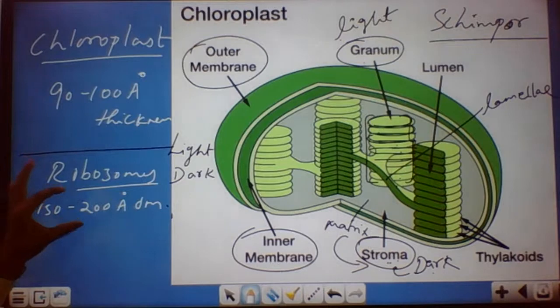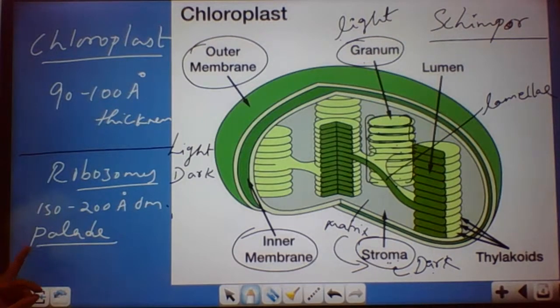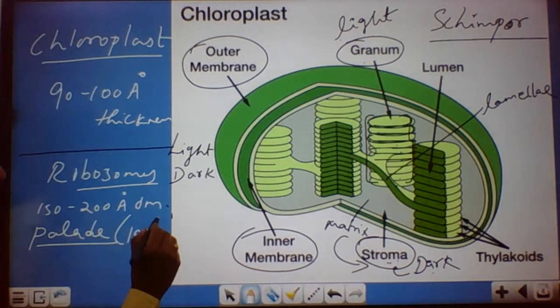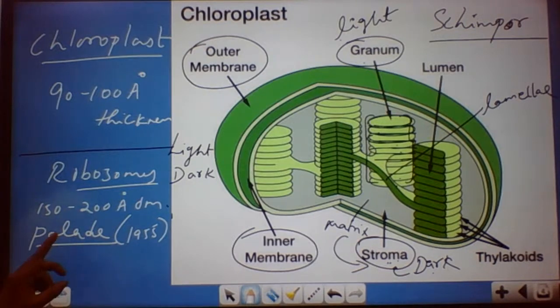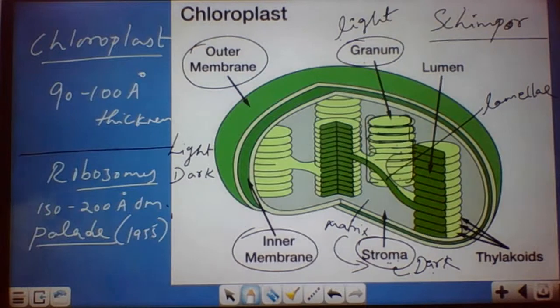Who first identified the ribosome? It's Pellet, in the year 1955. He first identified the ribosomes, and ribosome formation requires magnesium ions.